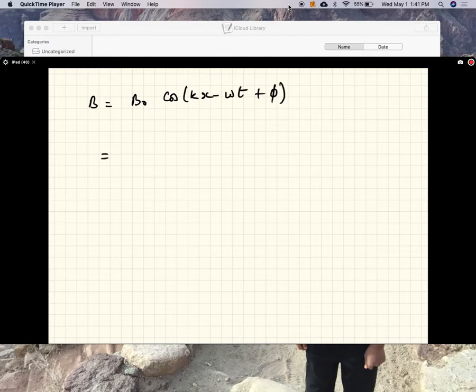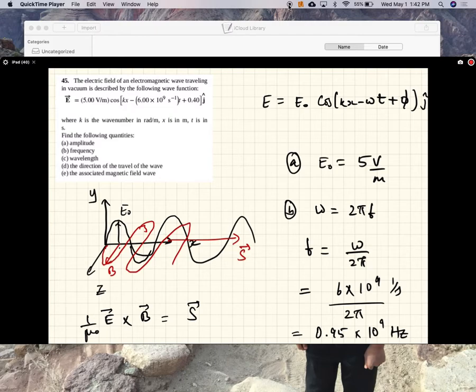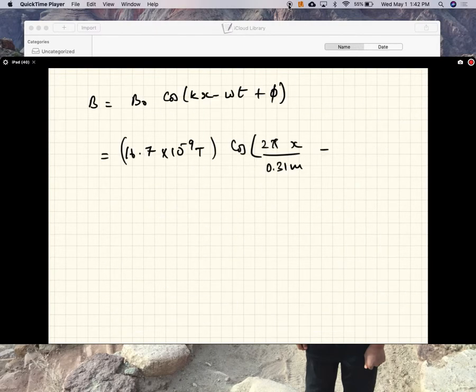We can write the numbers now: 16.7 times 10 to the minus 9 Tesla, cosine of k, which is 2 pi by lambda, where lambda was 0.31 meters, times x, minus omega, which is 6 times 10 to the 9, times t, plus phi.